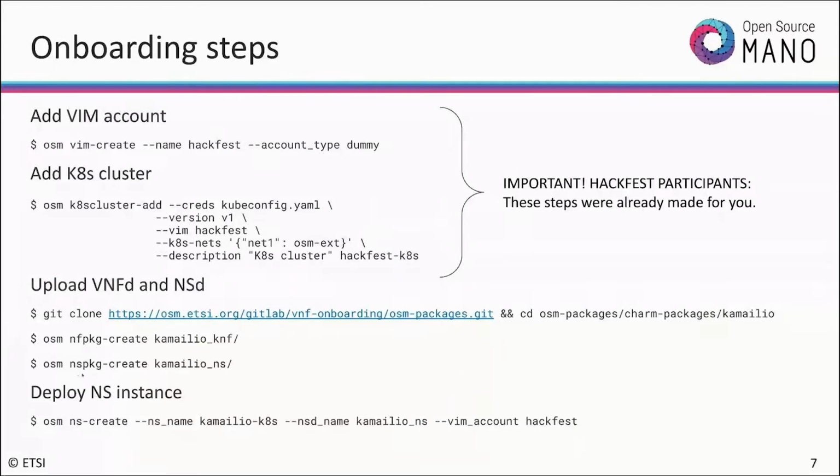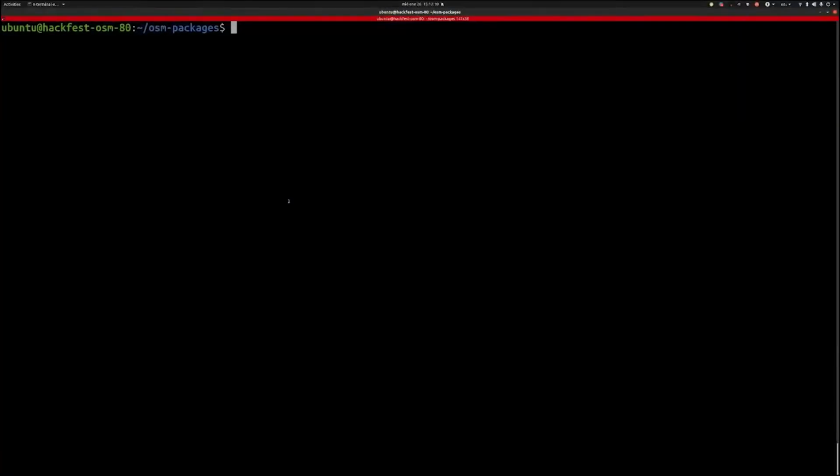Okay, so the next step is to upload the VNFD and NSD to OSM. So for that, we will execute the following commands. So I have here the OSM packages.